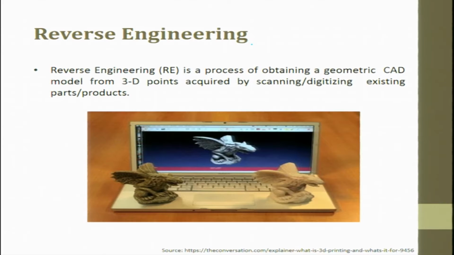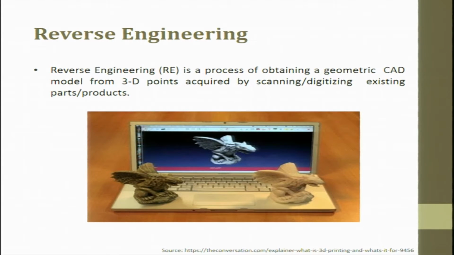It is very generic. Reverse engineering is a process of obtaining a geometric CAD model from 3D points acquired by scanning or digitizing an existing part or a product. You look at a product, you try to take a photo of the product, or you replace that image photo, which was taken through light, now through a laser.